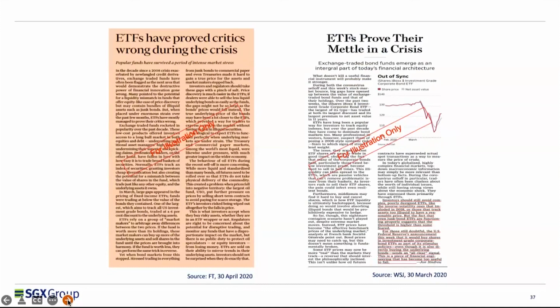But in 2020, round about March, where we call this the COVID correction, ETFs have proven the critics wrong, right? In fact, over the last year or so, time and again, most of these articles came out. I've taken both of these from the Financial Times as well as the Wall Street Journal, on how they have passed the test efficiently.